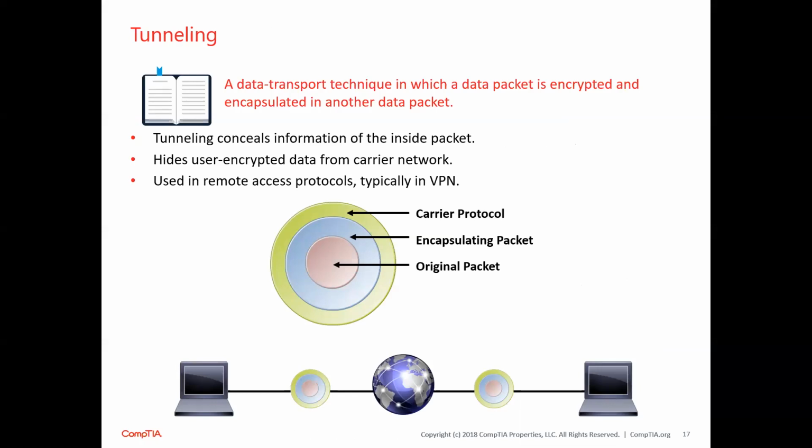Tunneling is normally used to conceal or hide the information of the inside packet, and hide user encrypted data from the carrier network. It is used in remote access protocols such as VPN, or virtual private network.